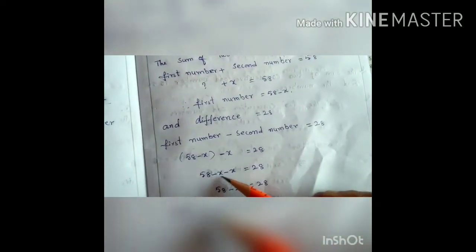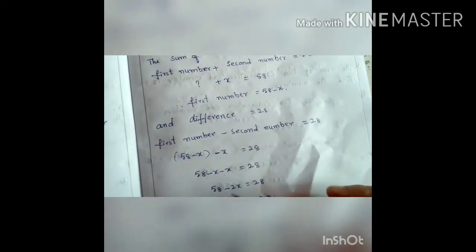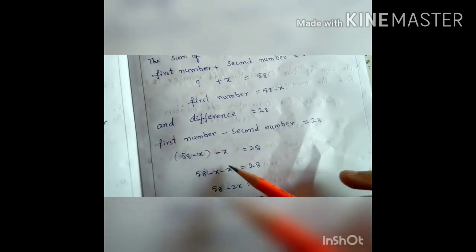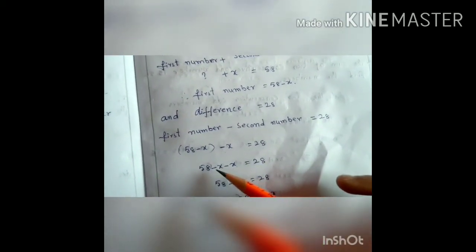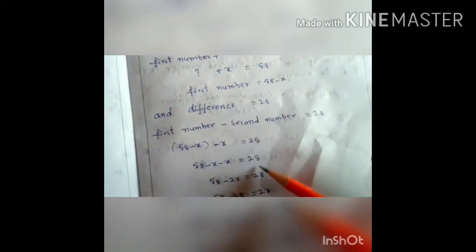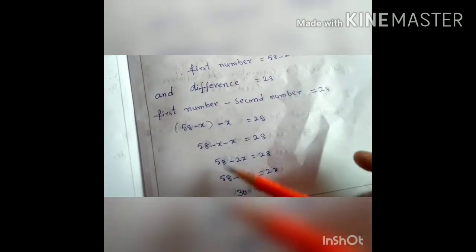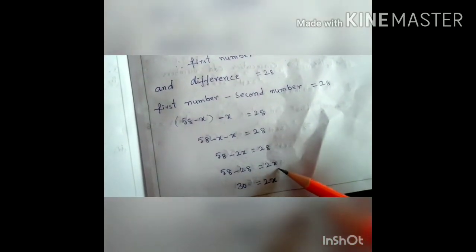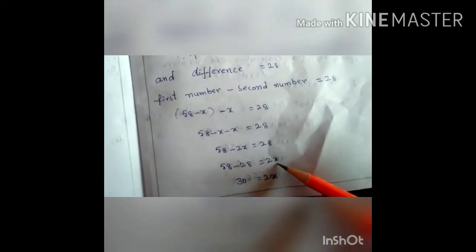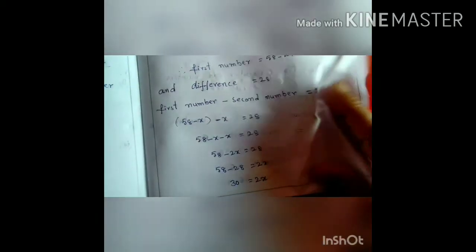So 58 minus x minus x equals 28, that is 58 minus 2x equals 28. So 58 minus 28 equals 2x. 30 equals 2x.